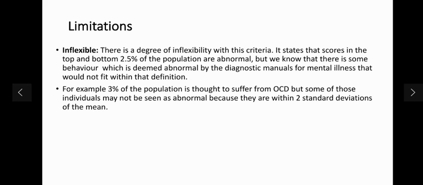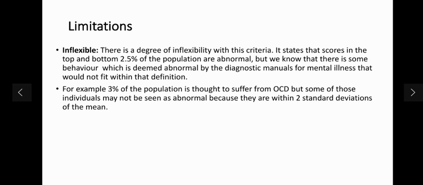Limitations of the statistical criteria. The first limitation of this criteria is that it is inflexible. There is a degree of inflexibility. This criteria states the top and the bottom 2.5% in any given population are abnormal. But certain disorders like obsessive compulsive disorder are found among 3% of the population.